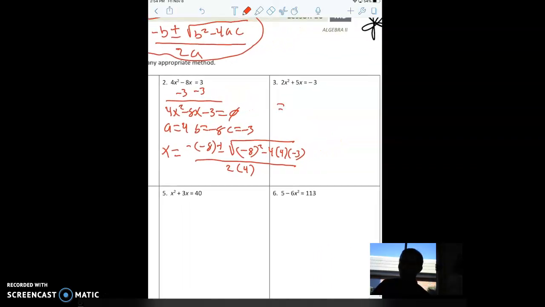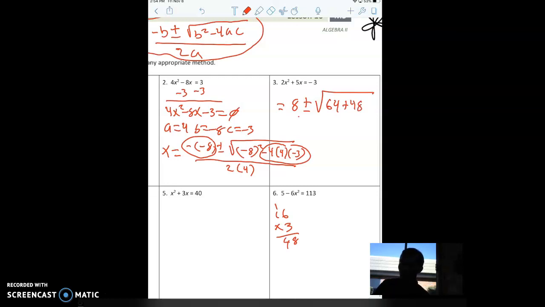Okay, two negatives together right here make a plus. So I'm going to have now 8 plus or minus the square root of 64, because -8 squared is 64. Right here inside, you got to do the multiplication first. 4 times 4 is 16, and 16 times 3 is 48, positive 48.